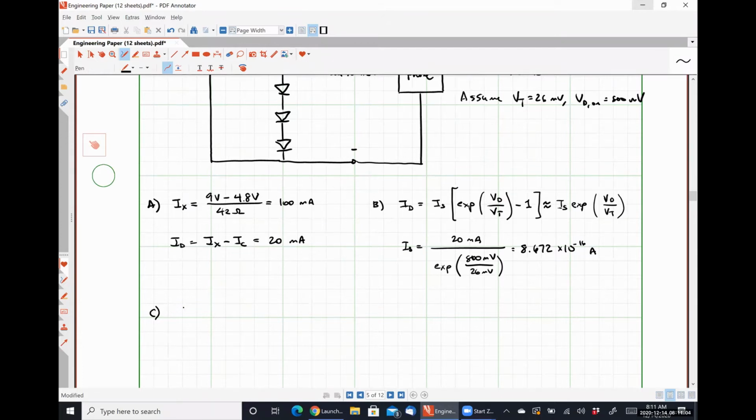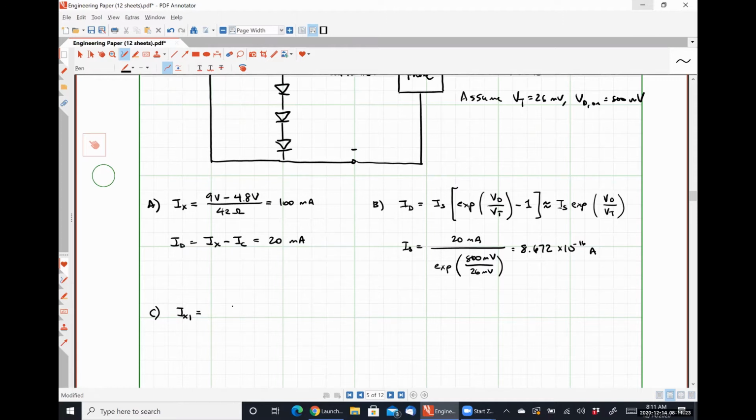I'm going to call this IX1. This is our first guess, okay? So our first guess, and it's a kind of crappy one, is the voltage is going to stay exactly the same, and all of that excess current is going to be bled off by the resistor, okay?